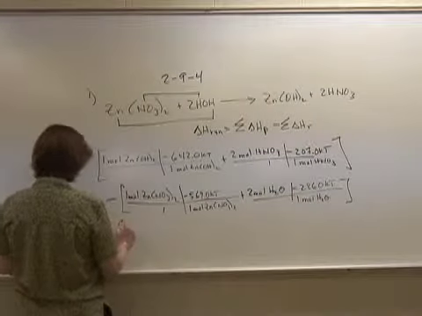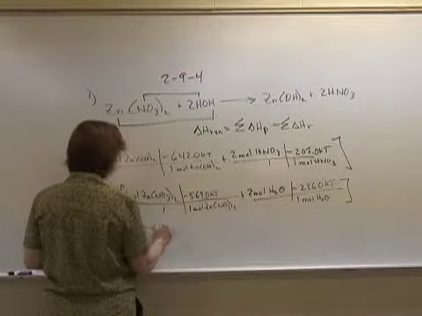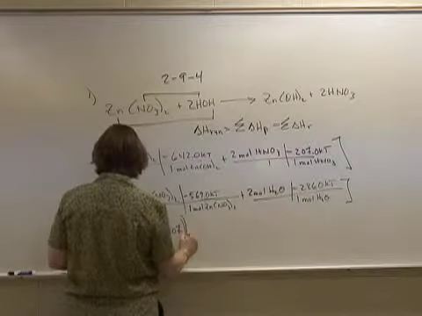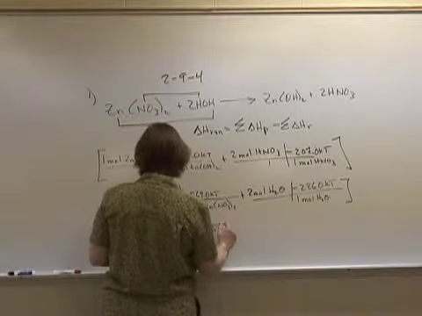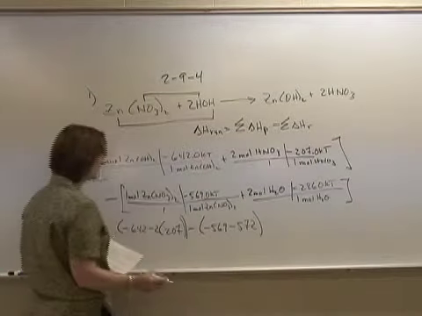I have minus 642 minus 2 times 207 minus 569 minus 572.